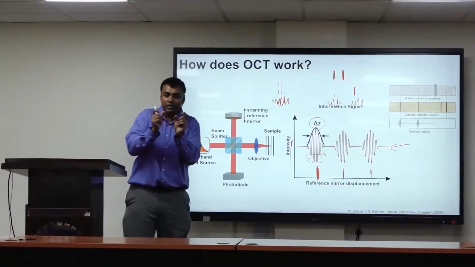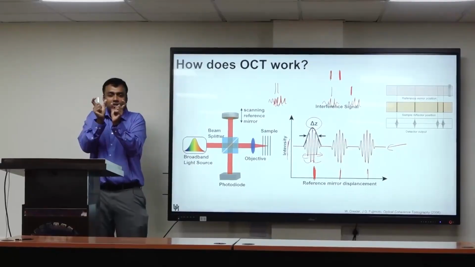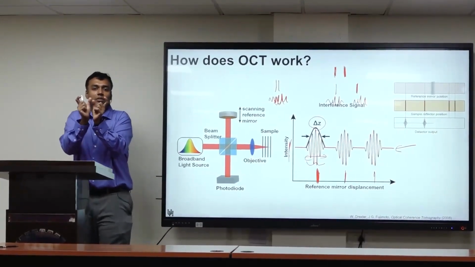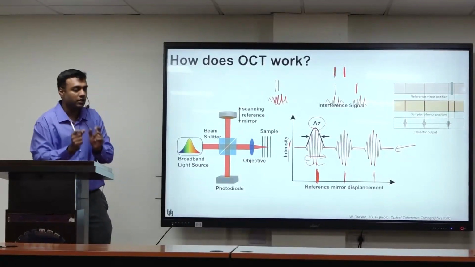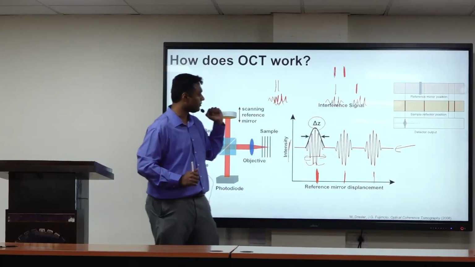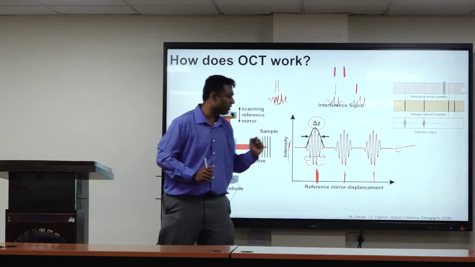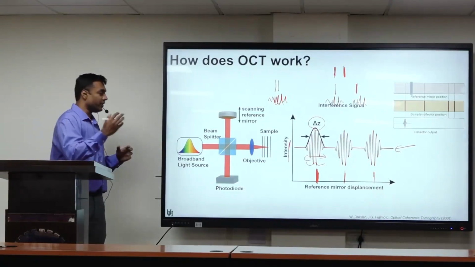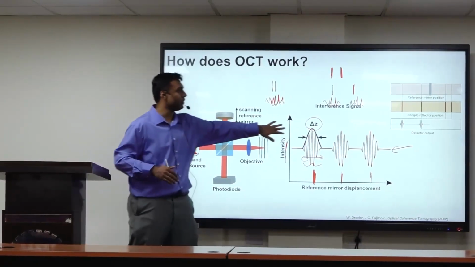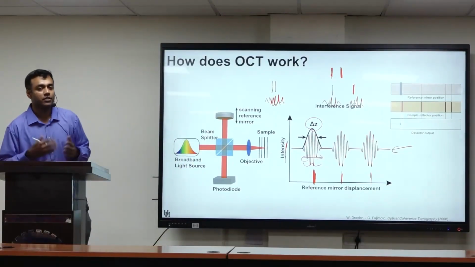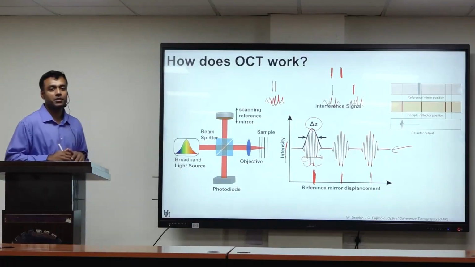The limit of when you can barely separate the two is called the limit of resolution, or simply the resolution, the Z resolution, also called the axial resolution of OCT. We'll figure out what determines the value of the resolution in the subsequent slides.